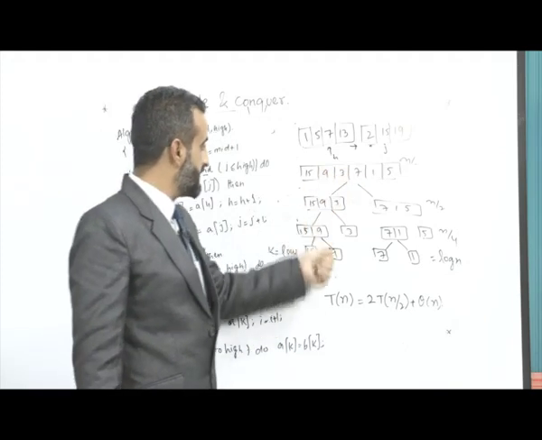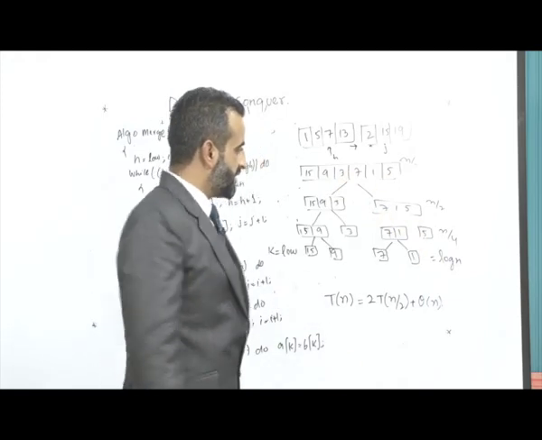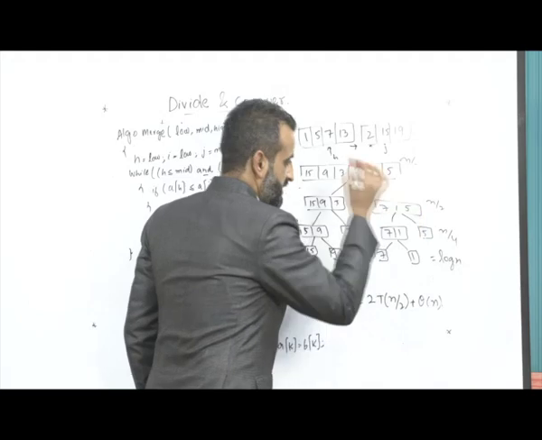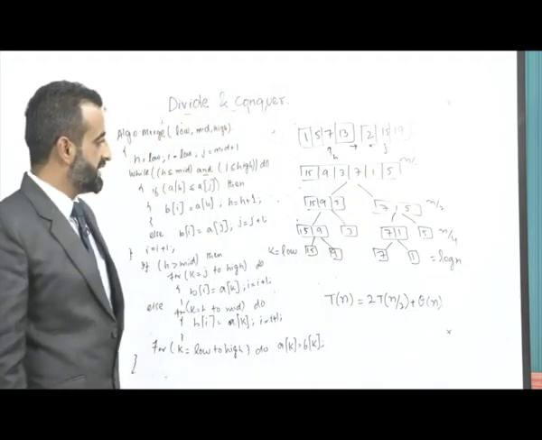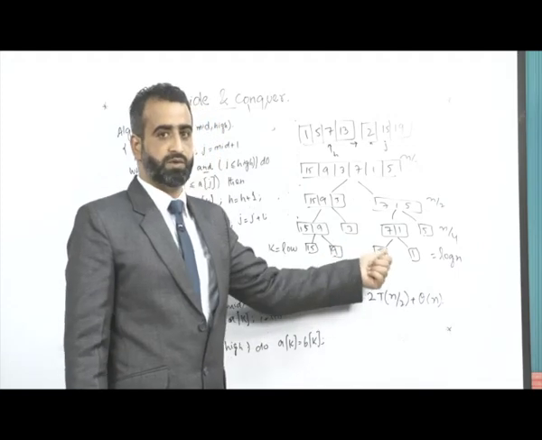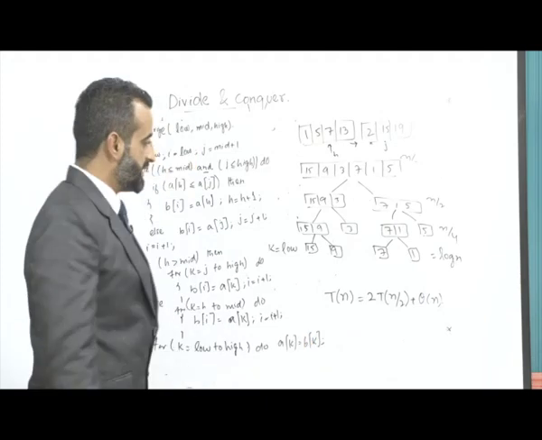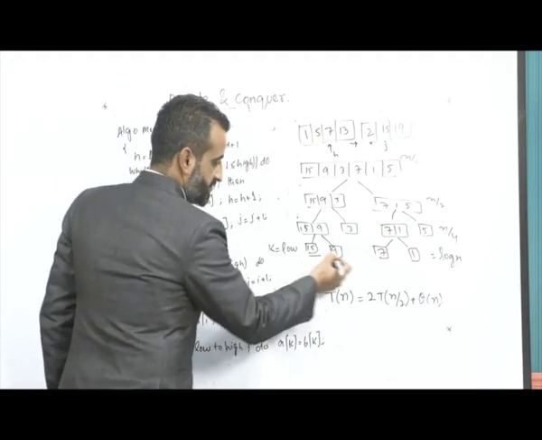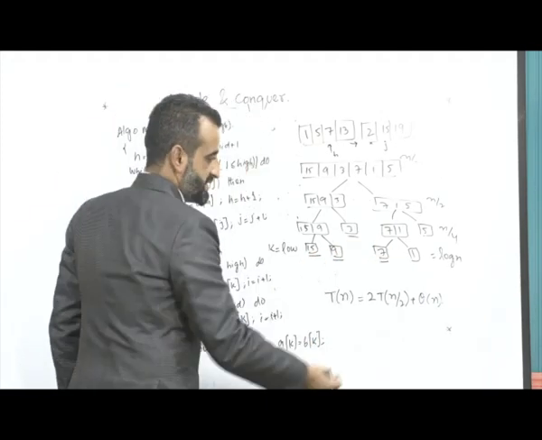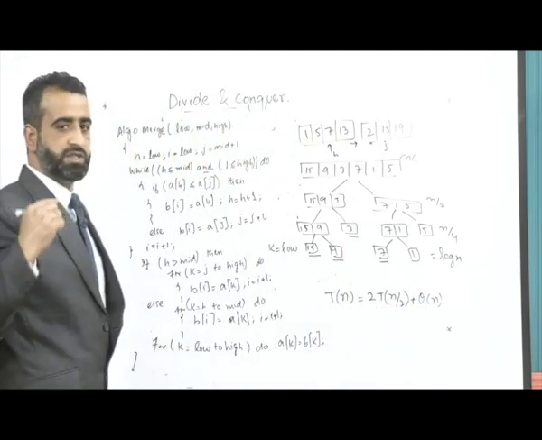In a more generic way, all these leaf nodes, there are n number of leaf nodes. So you need to work on those n elements. So we divide it, and we have n elements that we need to work on.